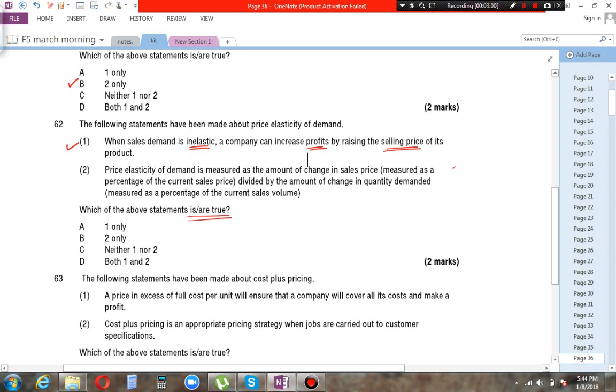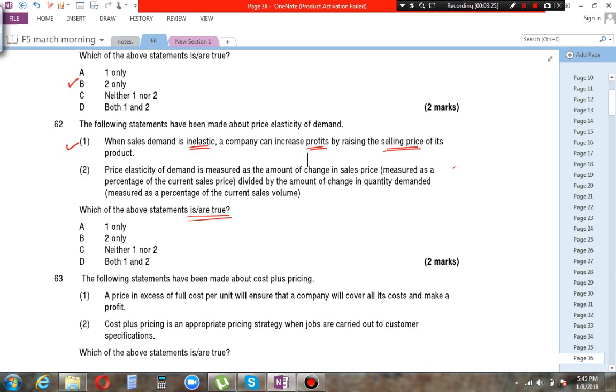The second statement says price elasticity of demand is measured as the amount of change in sale price measured as a percentage of the current sale price divided by the amount of change in quantity demanded measured as a percentage of sales volume.